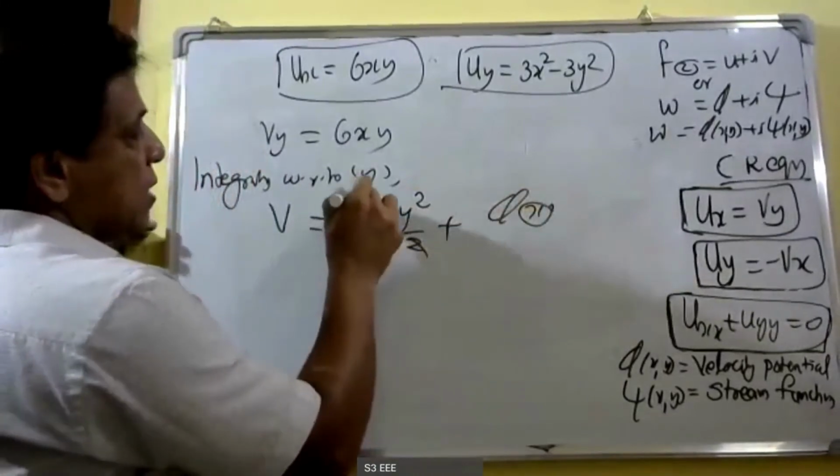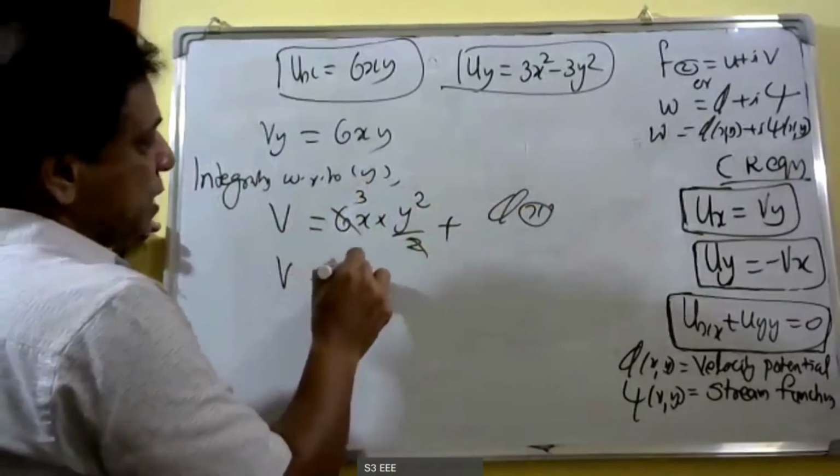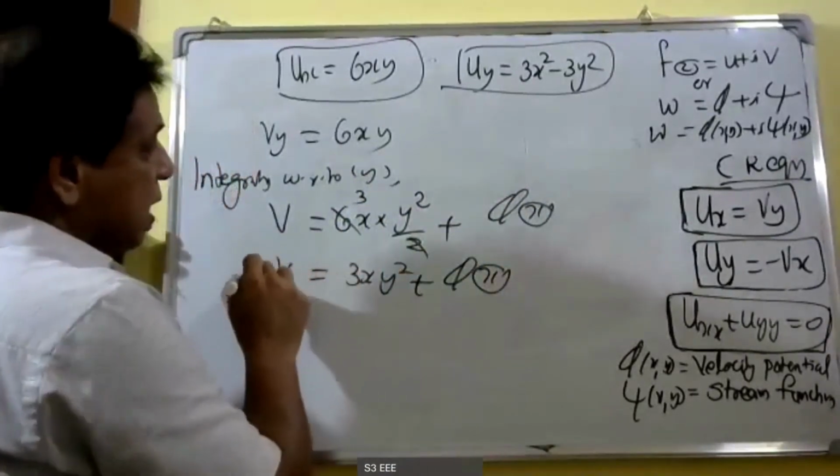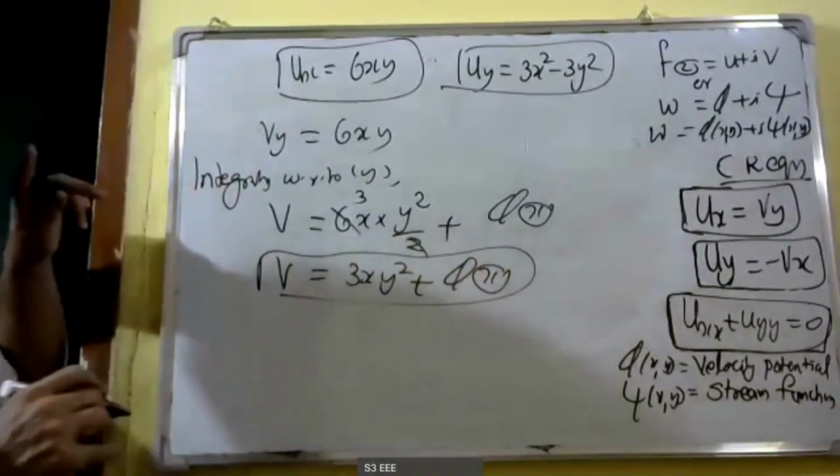That is 3xy squared plus phi of x. Therefore, v is equal to 3xy squared plus phi of x. This is the imaginary part.